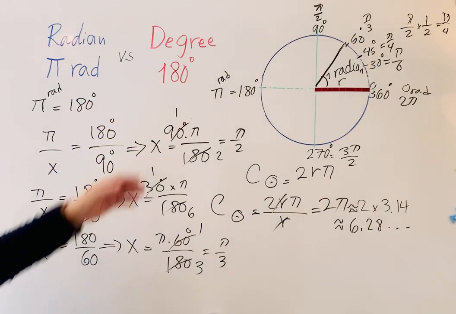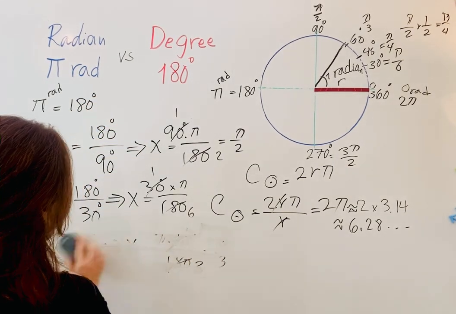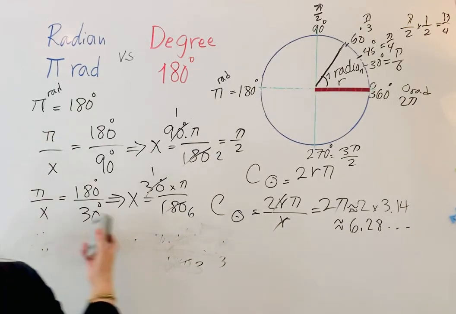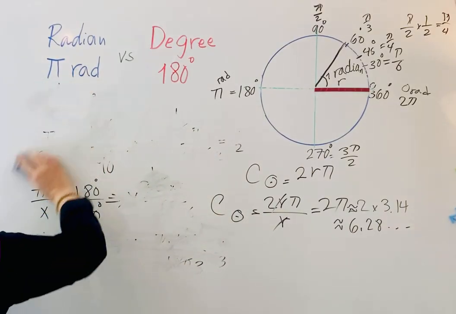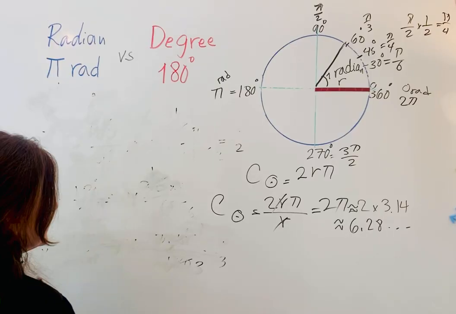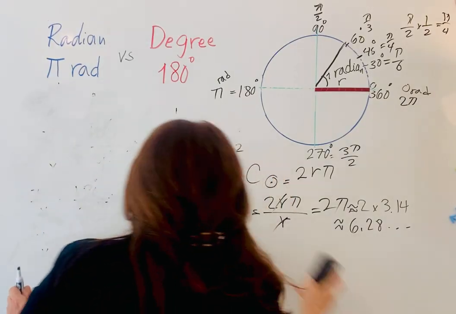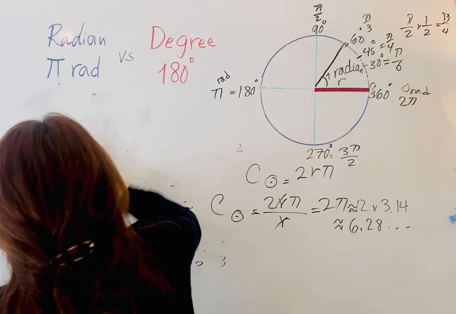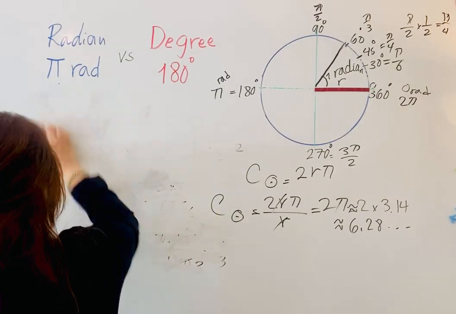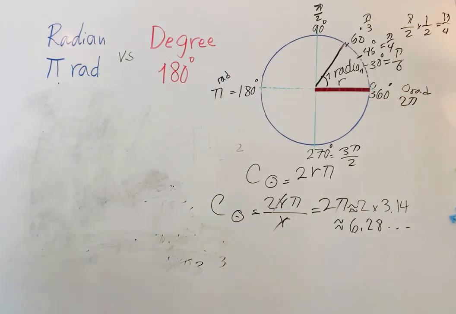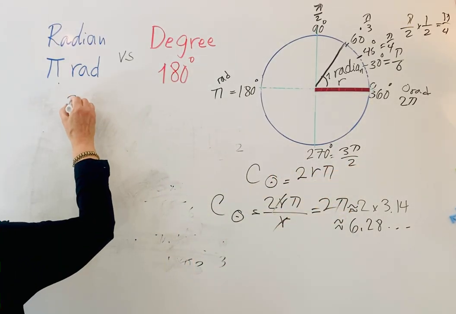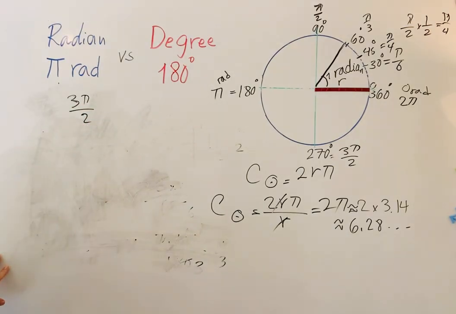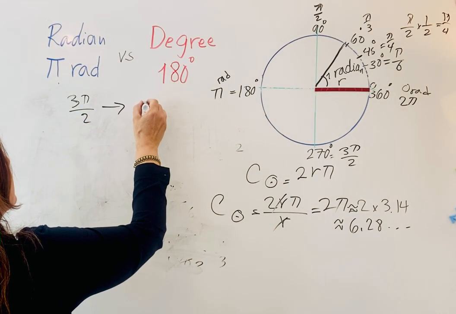If you have radian and you are going to find degree, for example, you want to know what 3 pi over 2 is in degrees.